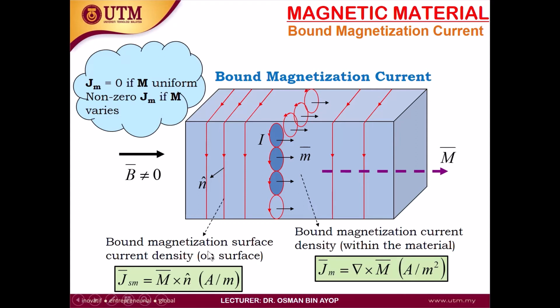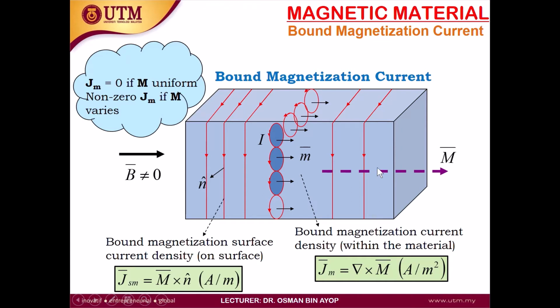From the figure, the bound magnetization surface current density is formed on the surface of our magnetic material. So JSM equals the magnetization cross product with the vector normal to the surface. Each surface will have a different normal vector.